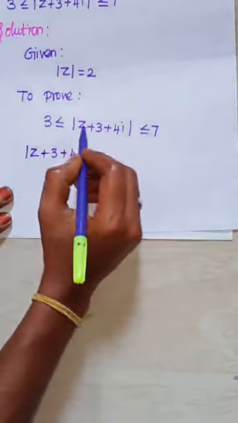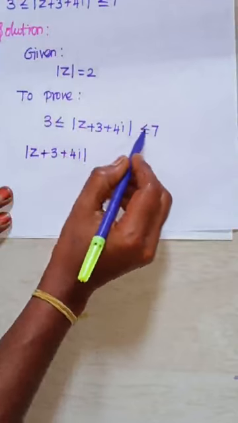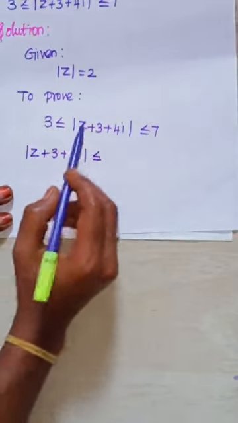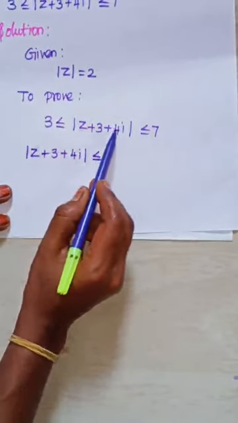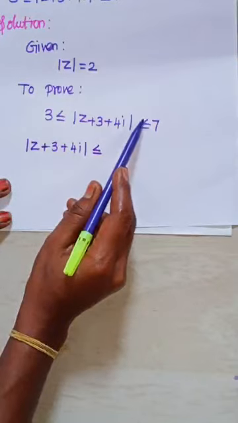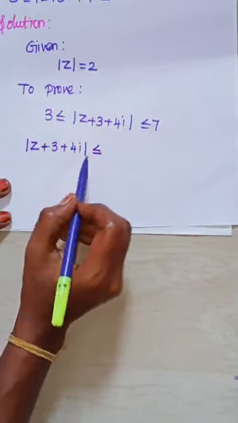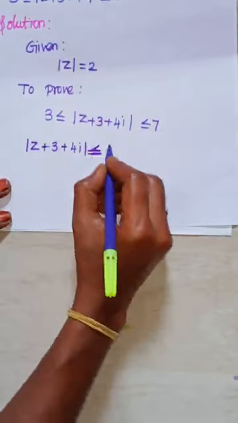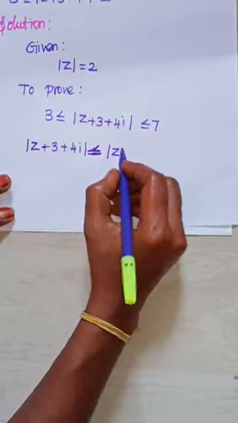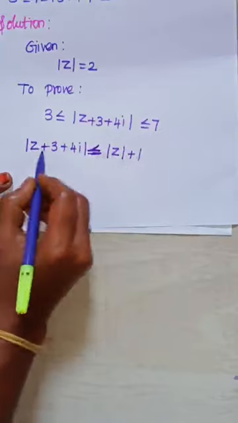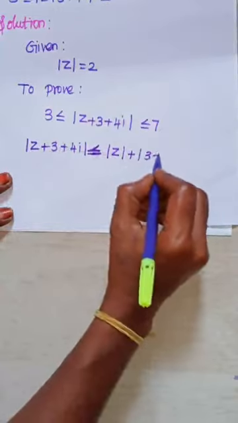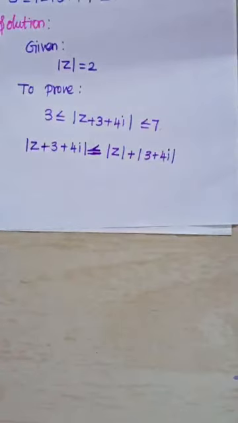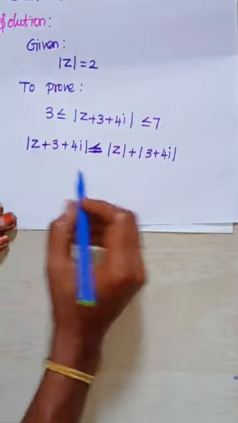So for the first inequality, consider modulus z plus 3 plus 4i, which is less than or equal to 7. So it is less than or equal to, writing it separately, modulus z plus modulus 3 plus 4i.